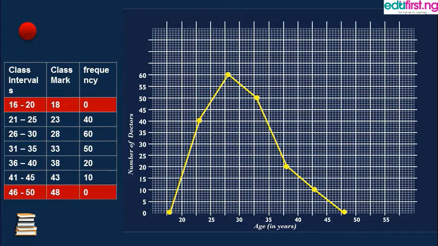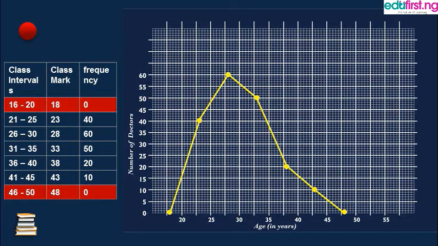So we plot 0 against 18, which is the first point, 40 against 20, which is the second point, 60 against 28, which is the third point, 50 against 33, which is the fourth point, 20 against 38, which is the fifth point, 10 against 43, which is the sixth point, and 0 against 48, which is the last point.